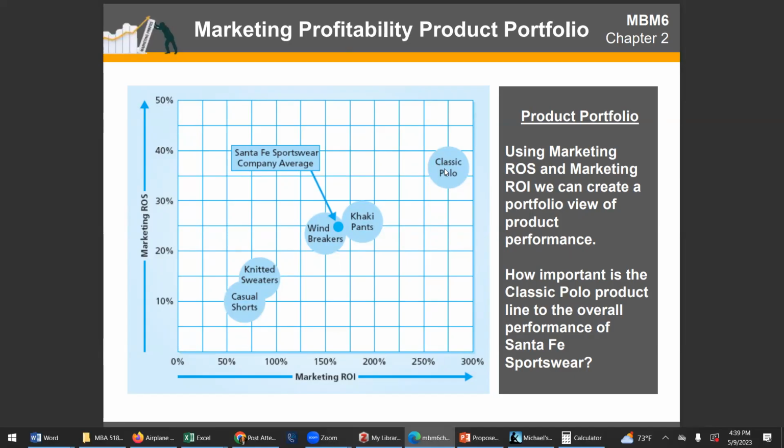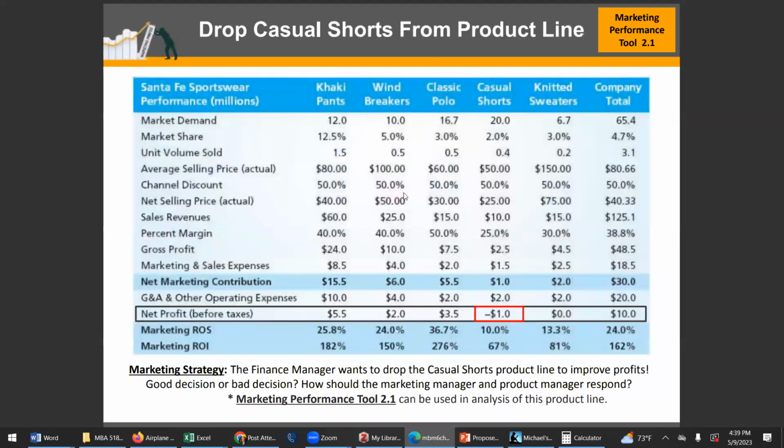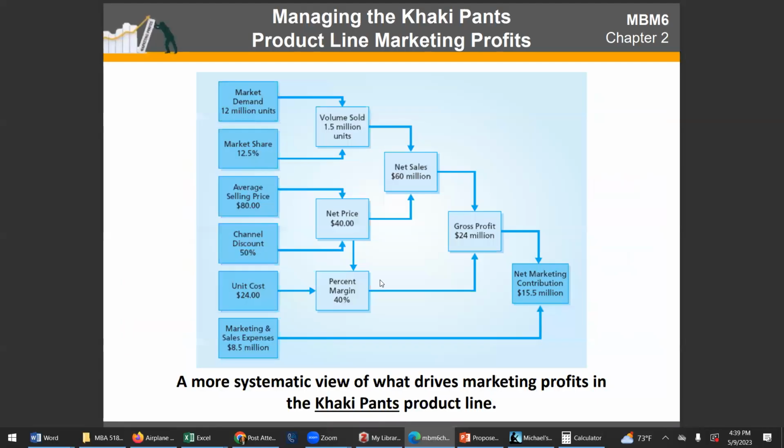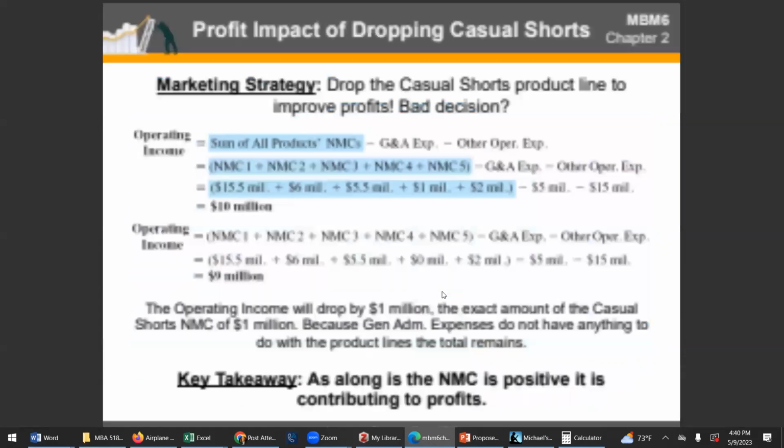Polo is up here at the top, and we can see that, right? Because classic Polo marketing ROI is 276, and return on sales looks like around 40. Return on sales, right? 36.7.